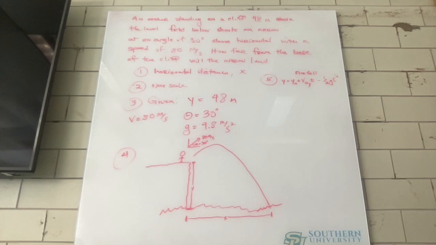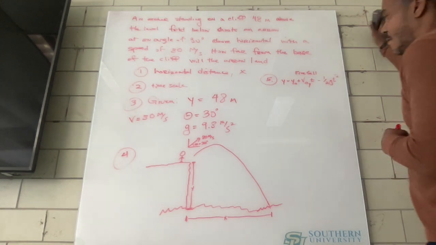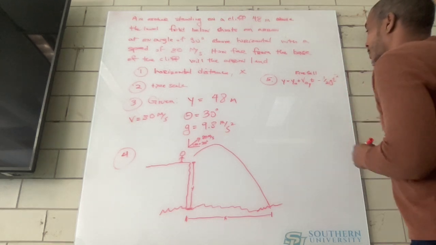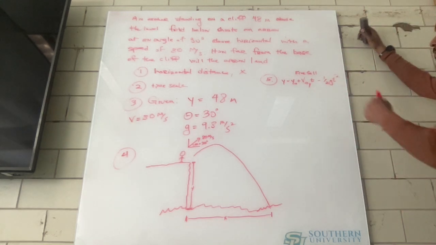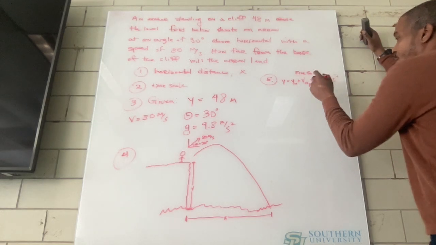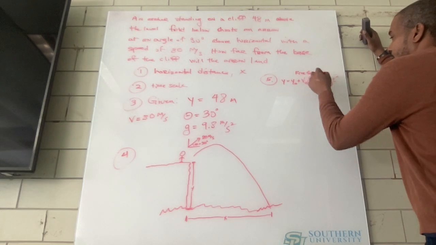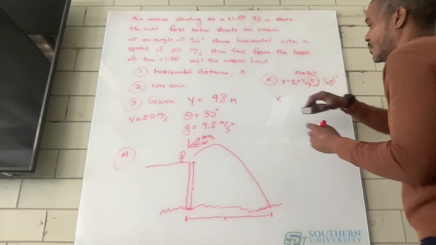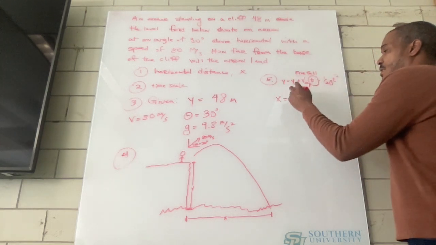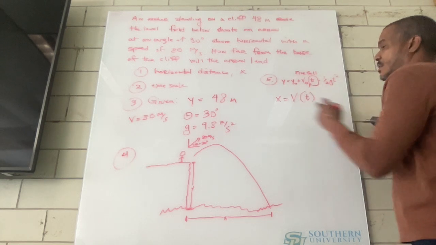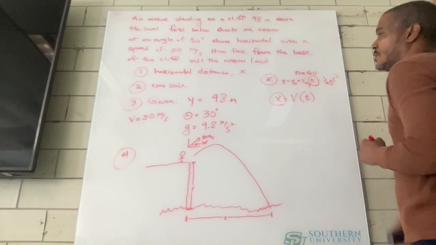From the free fall equation, we're going to be able to solve for time. Once we get time, we plug time back into the distance equation. Speed times time gives us distance, and that's what we're looking for.